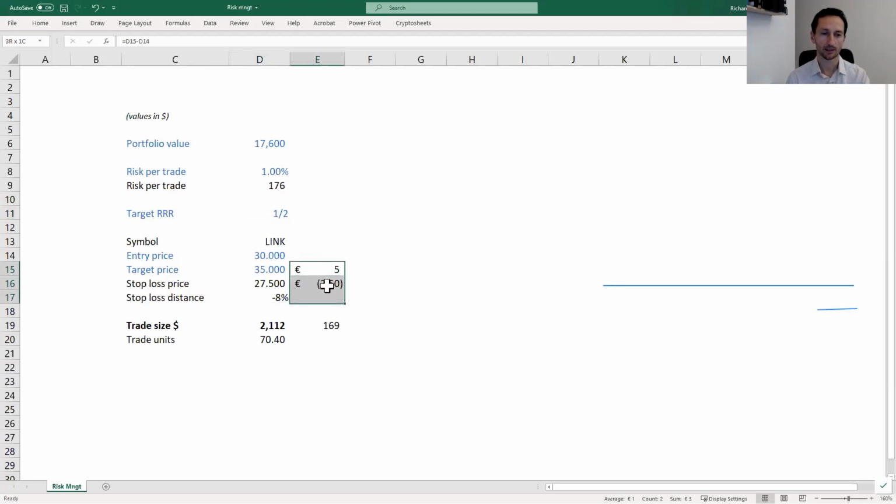Okay, and keeping this risk to reward ratio means that even if we are right only 35% of the time, we are going to be at least breaking even. If we are right 50% of the time, we're going to be making money. And if we are right 70% of the time, we're going to be making a lot of money. Of course, these target prices have to be realistic, right?